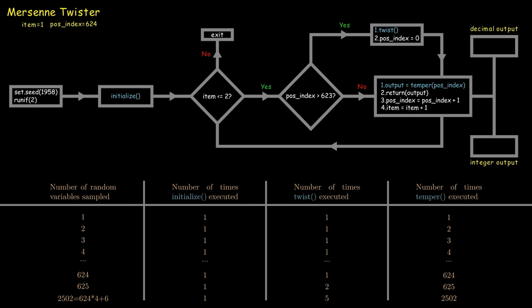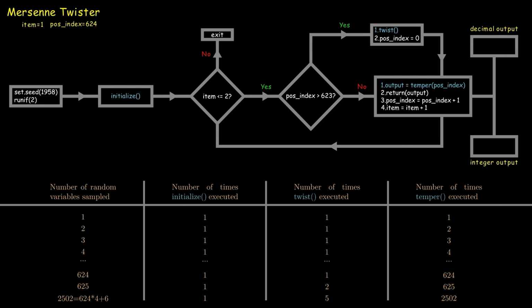So, even if we are sampling only 3 random variables, the twist operation will be executed once, which means that all 624 numbers in the grid will be twisted. Continuing our baking analogy, the twist operation is like the process of actually baking our donuts, and the Mersenne Twister will bake 624 donuts even if we asked only for 3.